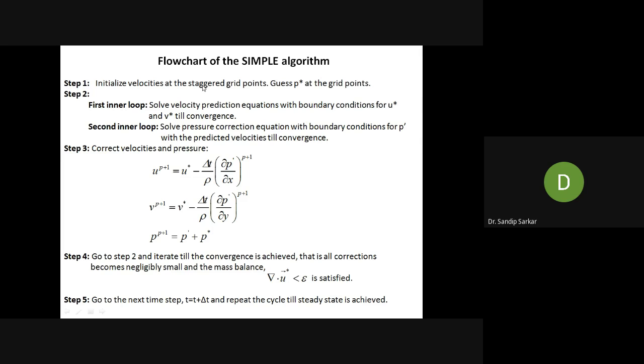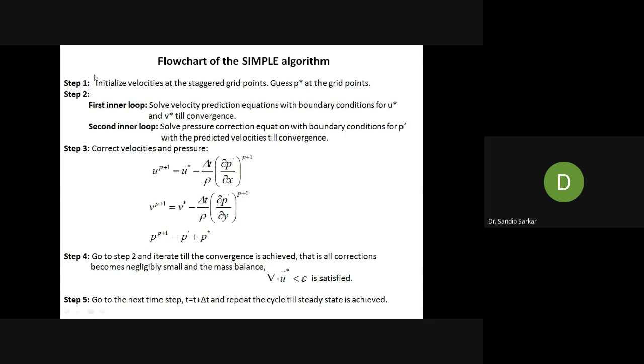After performing all these calculations, you have to calculate the divergence of U star, that is del U star by del X plus del V star by del Y, and check whether it is close to 10 to the power minus 8 or 10 to the power minus 7 or not. If it is no, then you have to go back to step 2 and repeat these calculations.